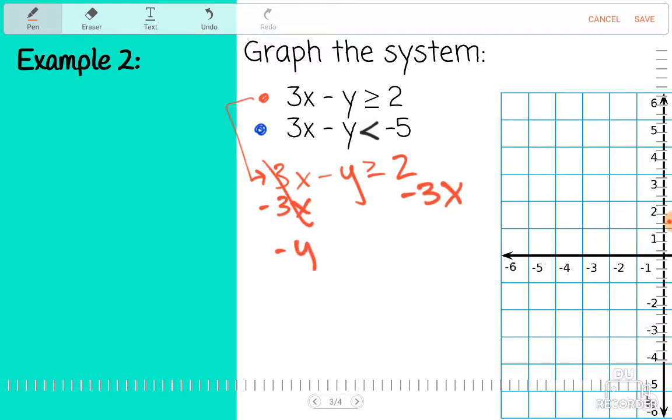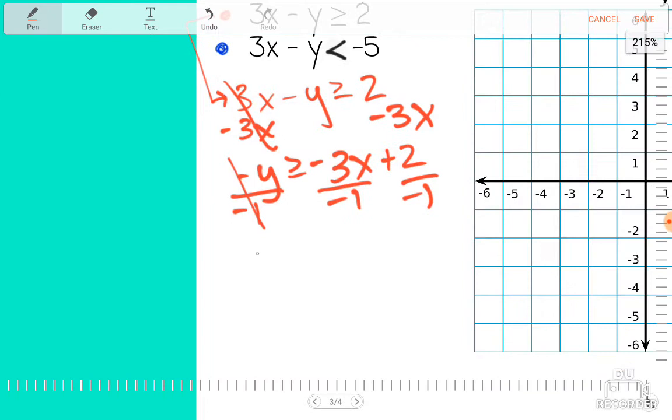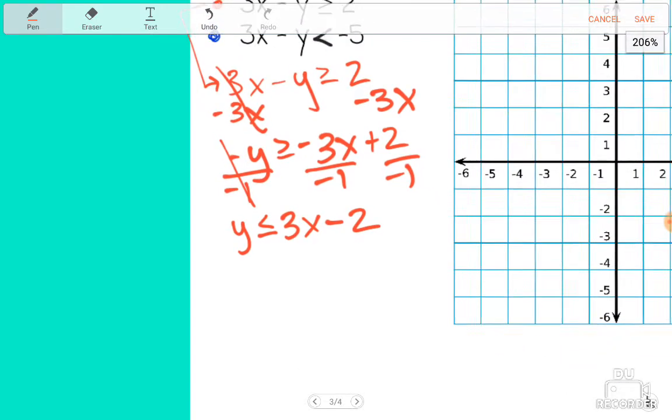I get negative y is greater than or equal to negative 3x plus 2. I divide everything by negative 1. This sign flips around because I divided by a negative, so I get y is less than or equal to 3x minus 2, since a negative divided by a negative is a positive 3x, and positive 2 divided by negative 1 is negative 2.